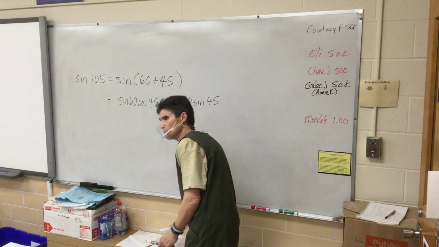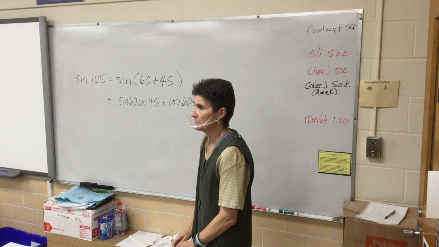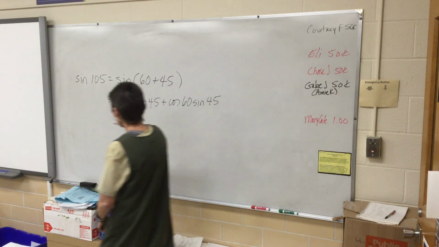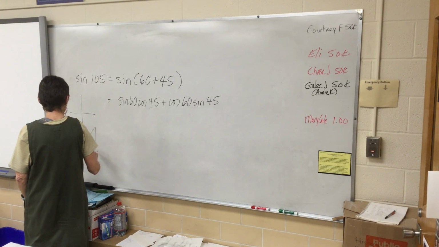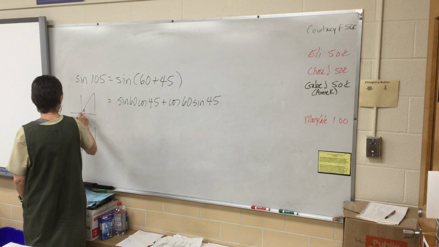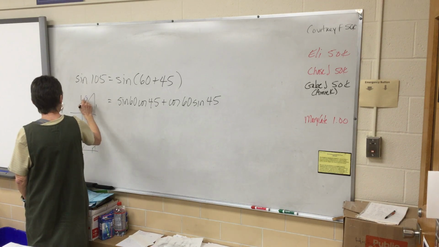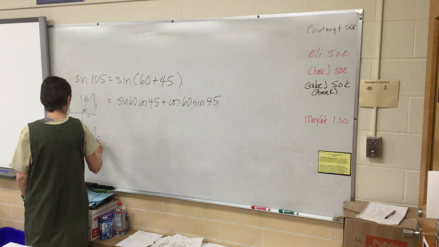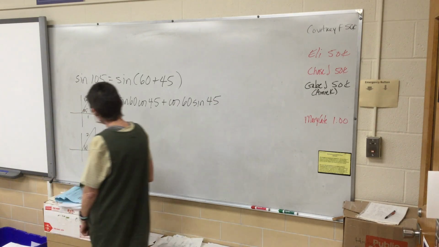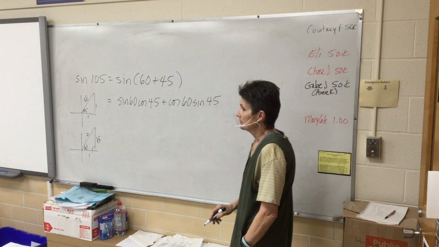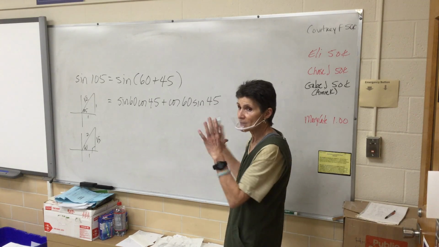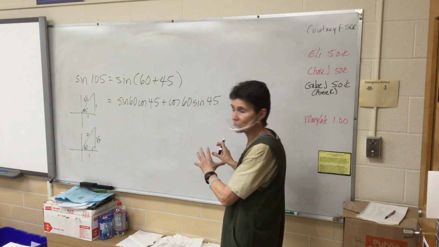Okay, now what do you think you probably should do? Probably should draw these two triangles if you don't already have them memorized. And you might, I mean, you've done a lot of this, so you might have them memorized already. But if you don't, you're going to draw them over to the side, the 45 and the 60. And then you're just going to take the numbers from the pictures and plug it in.